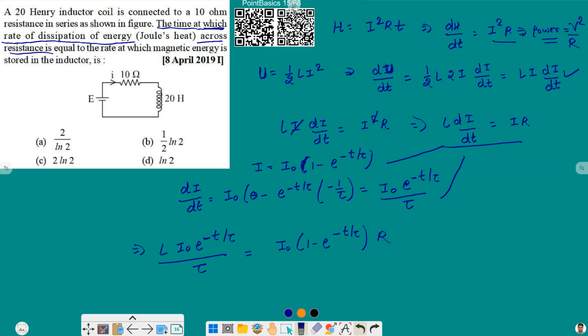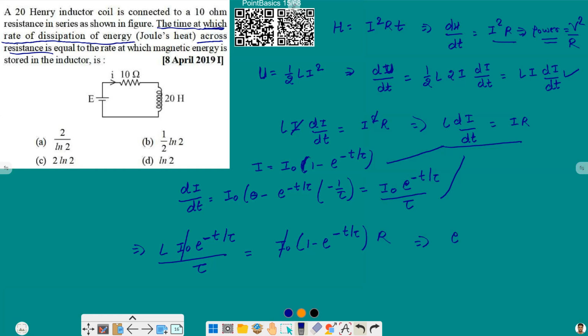Now I0 gets cancelled, and further, τ is equal to L by R. If we bring this R here, it will be L by R is equal to τ, so τ will get cancelled from both sides.